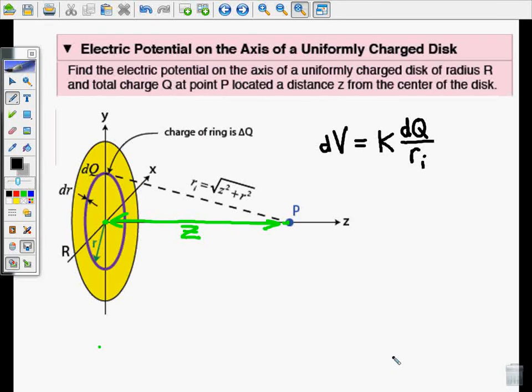Wait, wouldn't you want to put it in terms of dr? Wouldn't the R side be changing going over there? Why are you putting in dq, not dr? Well, at first we're going to have to replace the dq, but dq is the amount of charge in that ring. Oh yeah. We're going to do the sum of all the rings.